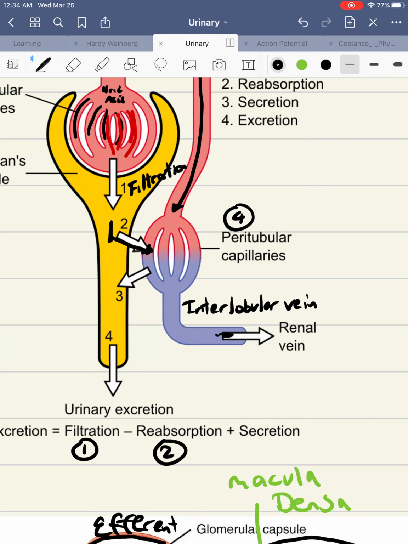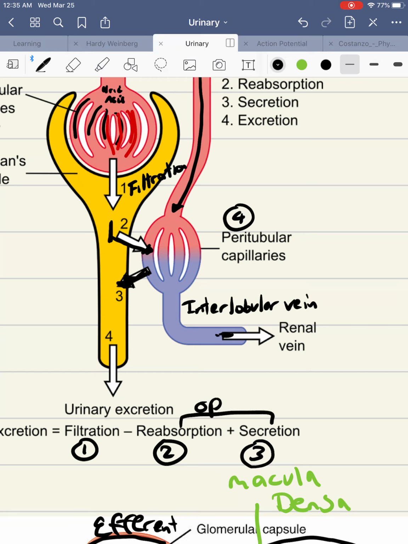If you are going from the bloodstream into the nephron, and it's not the glomerulus, it's the peritubular capillaries, then we actually call this secretion.